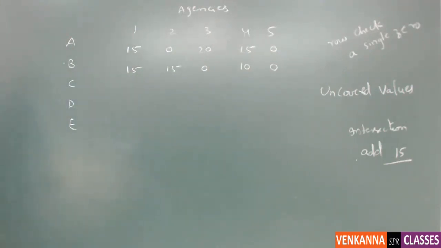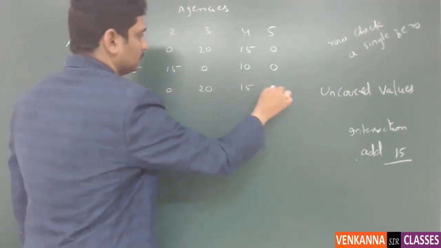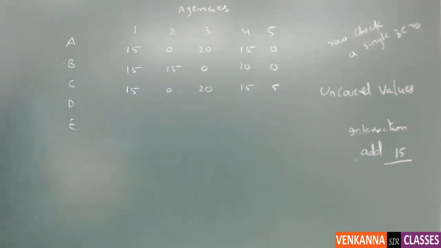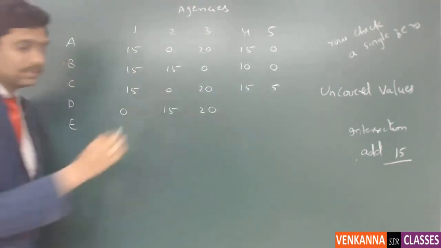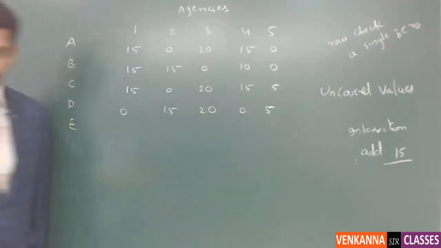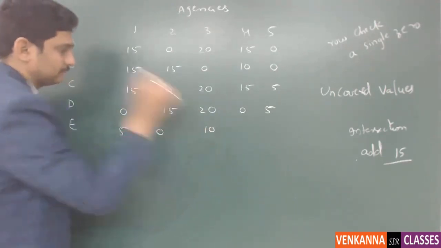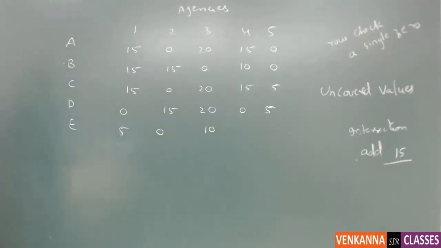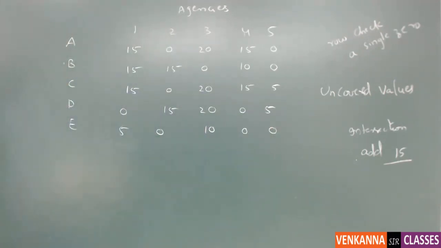And you have the other thing, 15, 0, 20, 15, 5. And you have the next row coming as 0, 15, 20, 0 and 5. Again, you have 5, 0, 10 and 0, 0. Is this correct? Please tell.